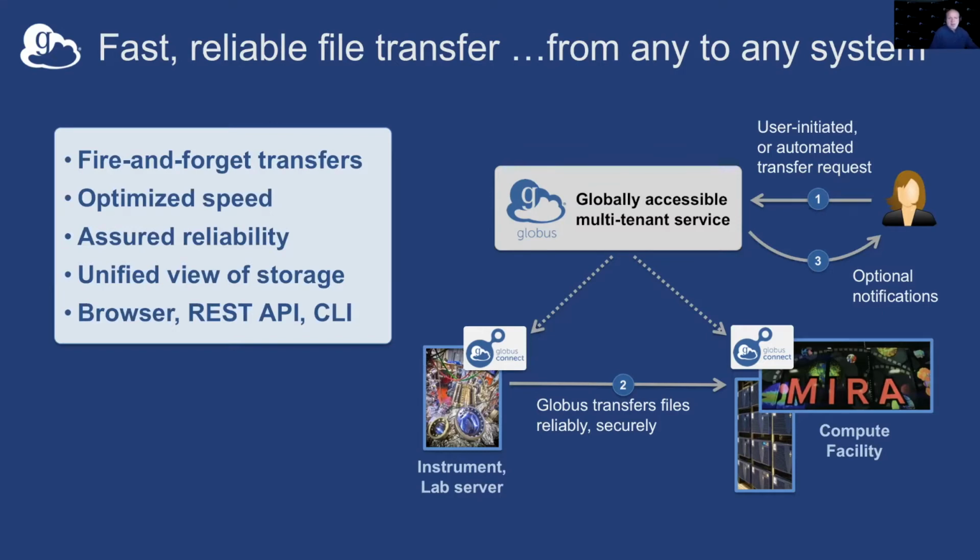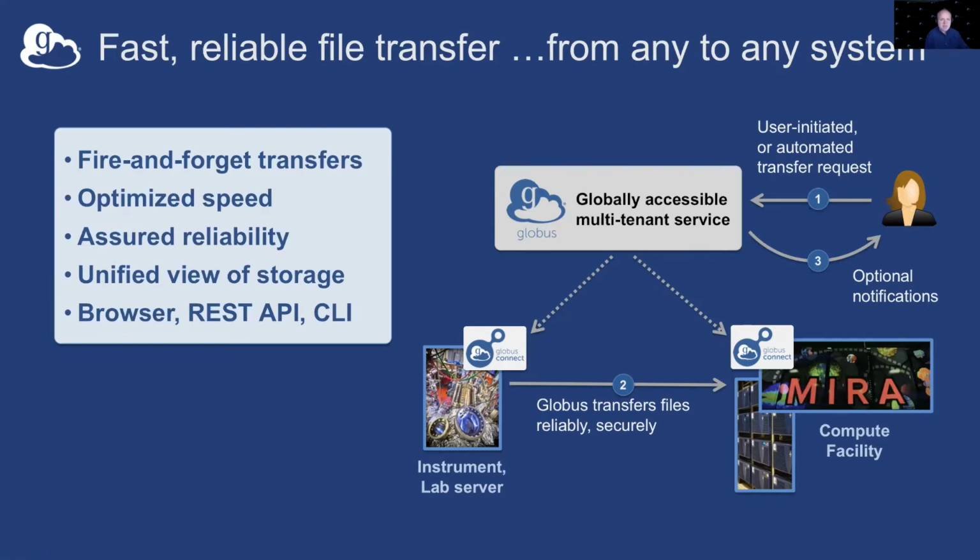It'll work through transient errors if it runs into things that it can work through, like temporary network glitches. Basically, it's a fire and forget mechanism, and I'll get a notification when things are done, or if Globus needs me to intervene for some reason.